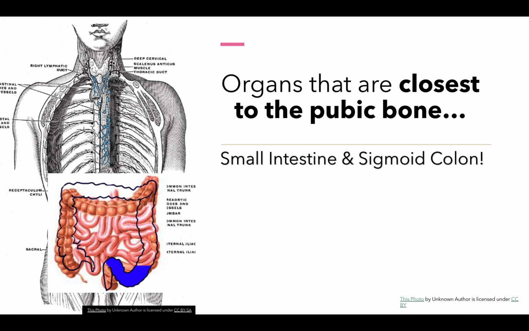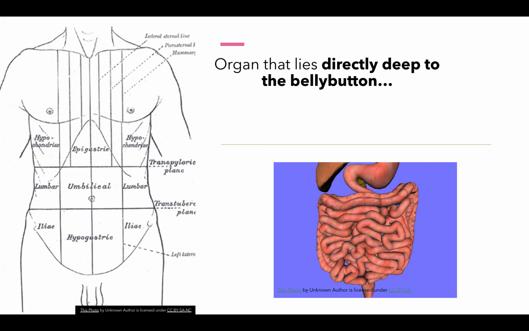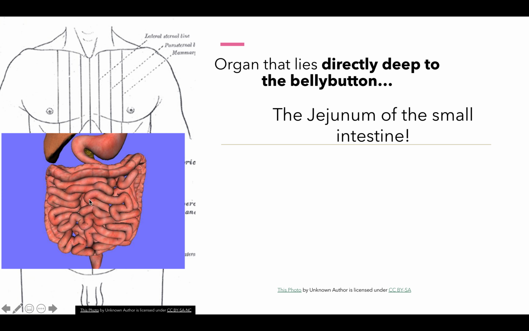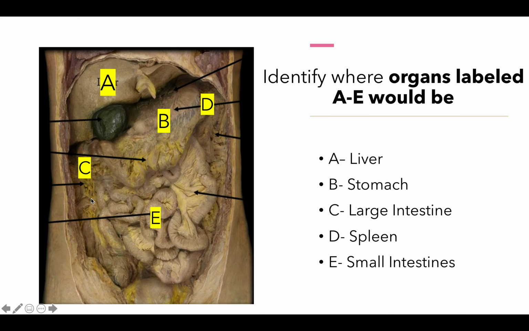So the small intestine in here and the sigmoid colon, which is part of the large intestine, are the two organs that are closest to the pubic bone. The organ that lies directly deep to the belly button is the jejunum of the small intestine. As we can see right here, the jejunum is the middle part of the small intestine.